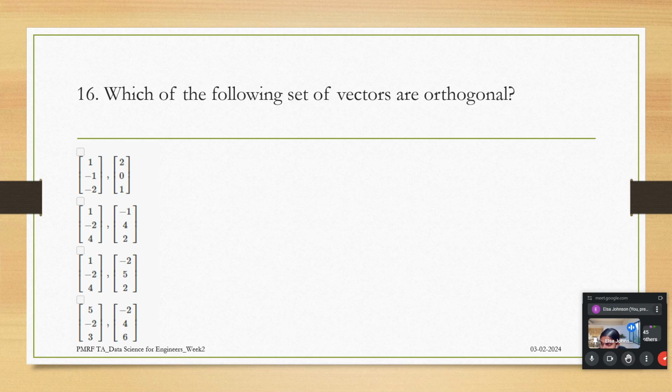Okay, Aishwarya, C and D, which of the following sets are orthogonal? So yes, dot product.